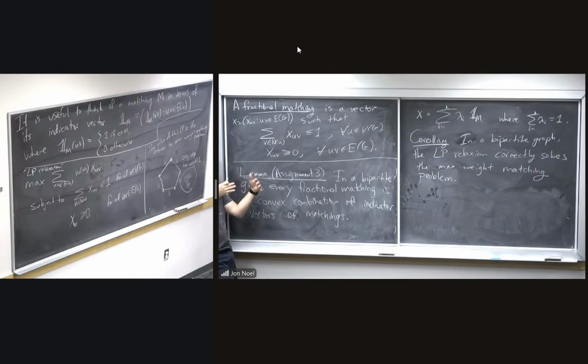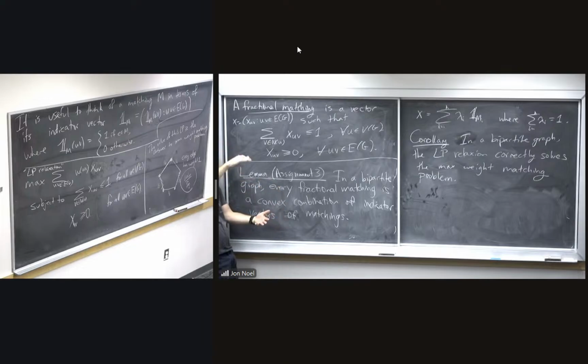Like the maximum of the relaxation could be higher or whatever, right? But anyway, take the optimal vector for the LP relaxation. It is a fractional matching because it satisfies the constraints, because those are the same constraints as here.